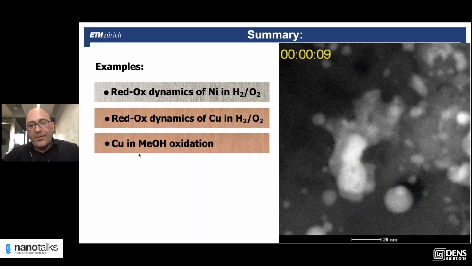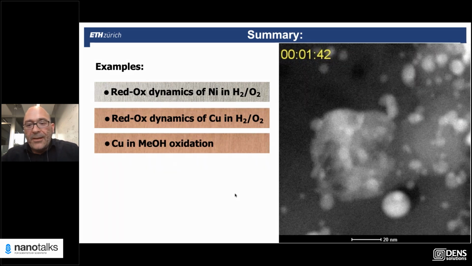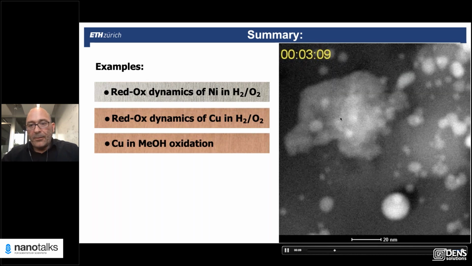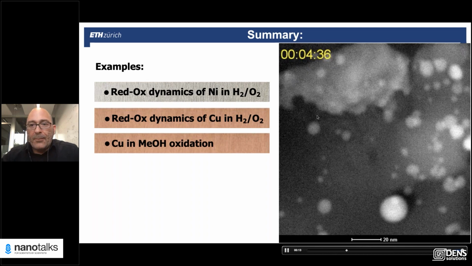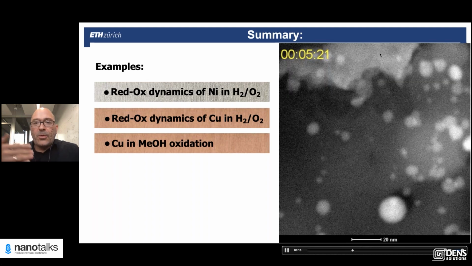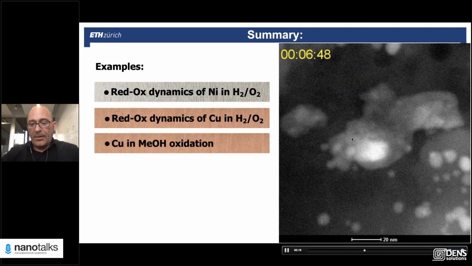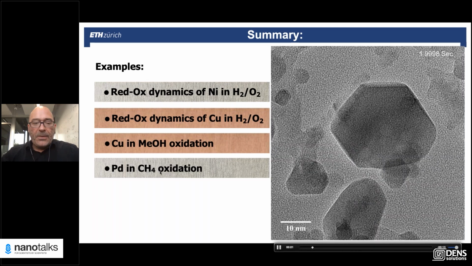Just to show you one video, someone told me once that it's chemical pornography. What you see here is just crazy, this copper looks like a liquid. Some particles were enclosed because we had some contamination issues, but those particles that are really exposed to the methanol were doing quite amazing things. So it's extremely dynamic.